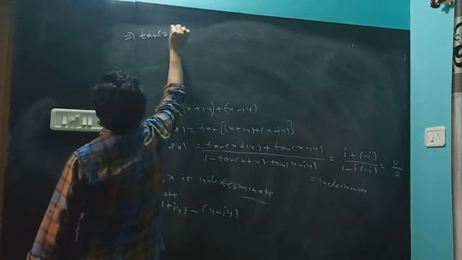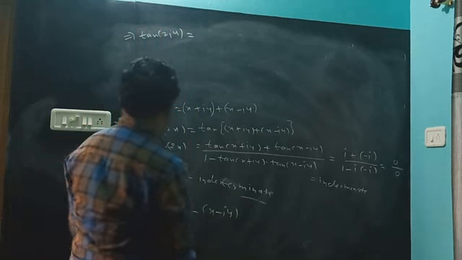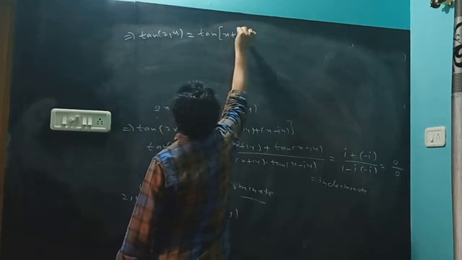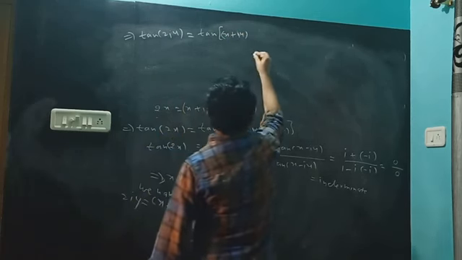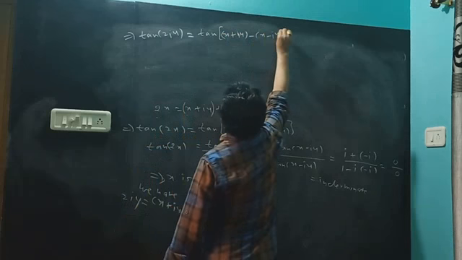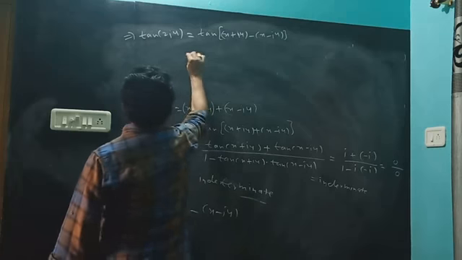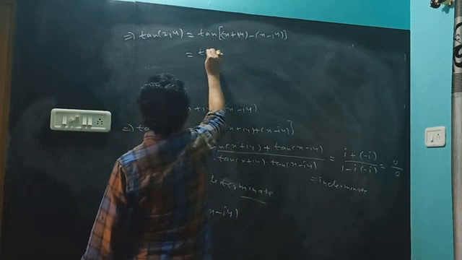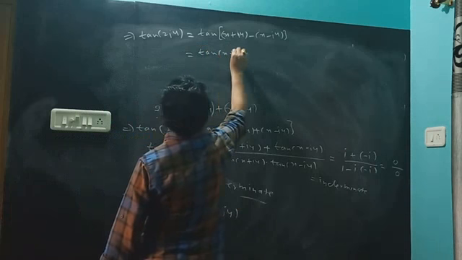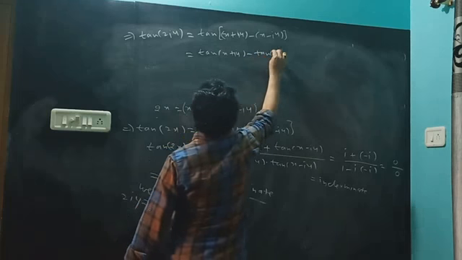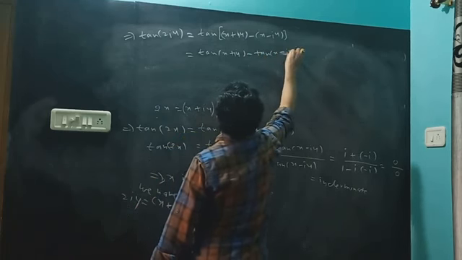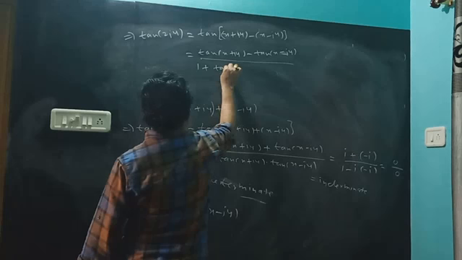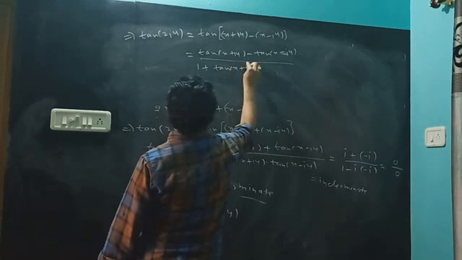So tan of 2iy, also tan of the right side. So tan a minus b is tan a minus tan b divided by 1 plus tan a into tan b.